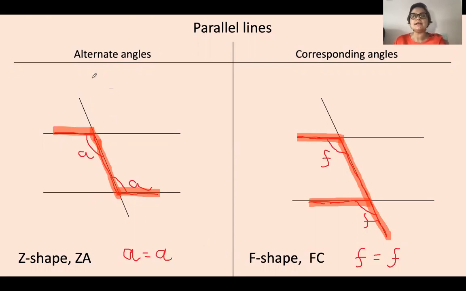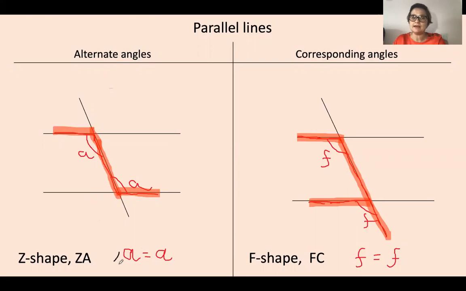Now, alternate angles, can you see the highlighted red line here? These angles that are inside the Z shape, if you call it like that, can you see the Z shape? They are called alternate angles, and they are equal.